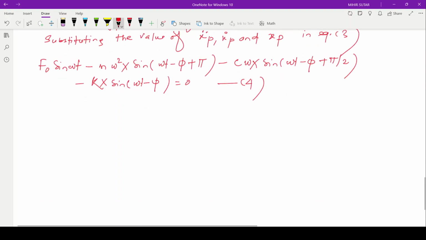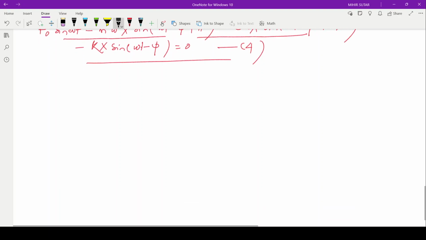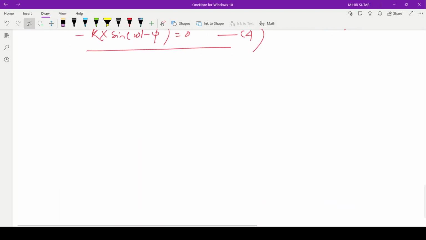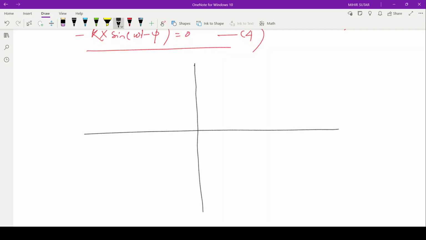Now the vectorial representation of this equation can be done. How? We'll represent like this. We have this y and x coordinate.